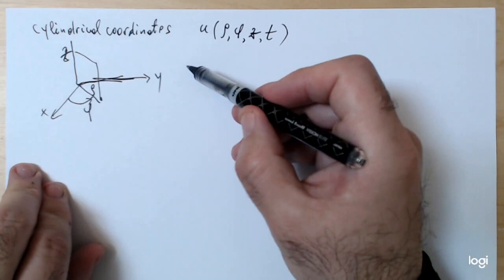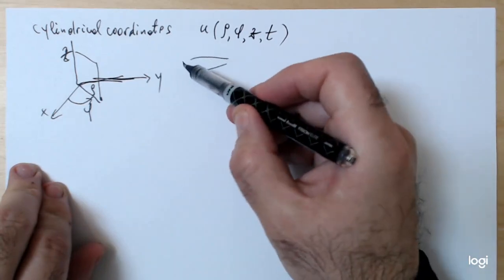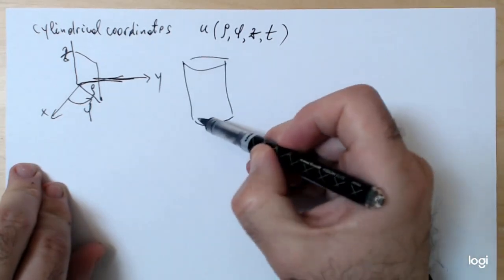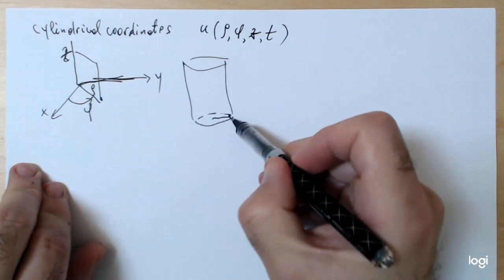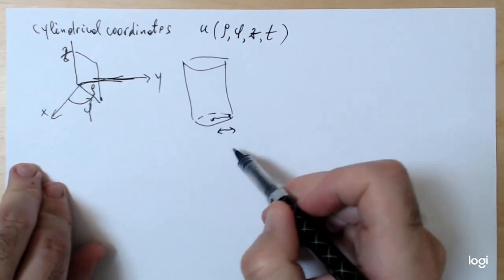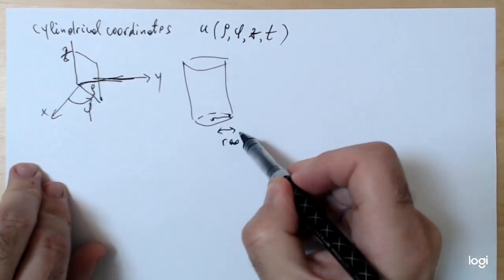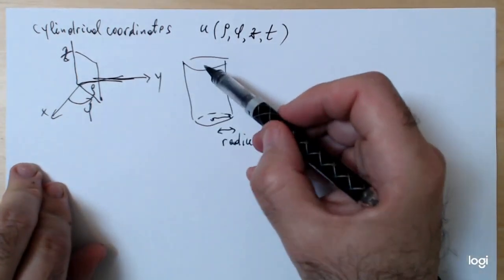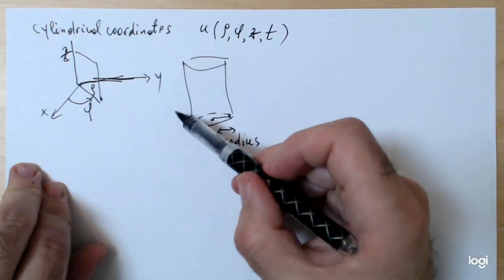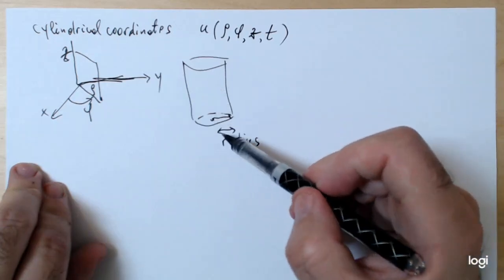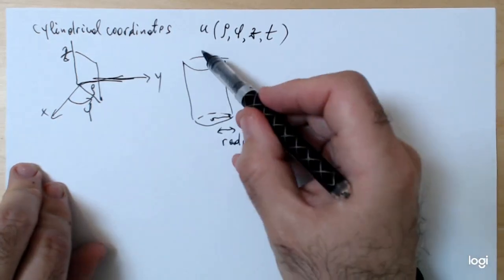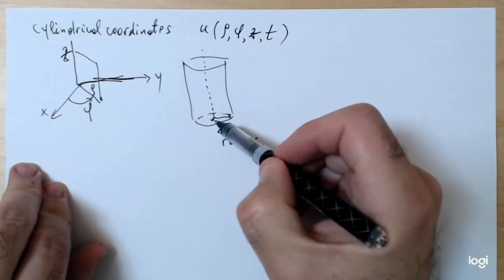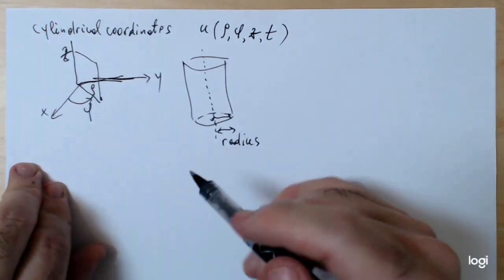So if you want to imagine an object with such properties, imagine a cylinder in which the temperature only propagates along the radius of the horizontal section. So it doesn't depend on z, doesn't depend on phi as you go around the horizontal section. It just depends on the radius of the horizontal section.